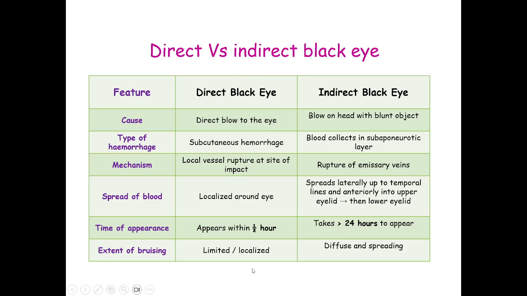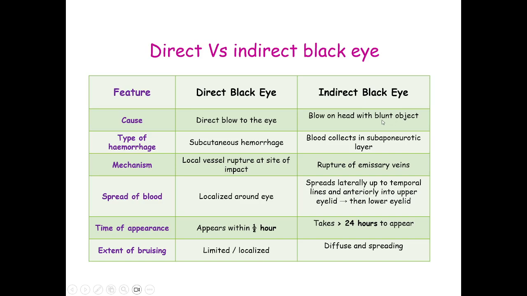For us, what is important here is that the direct black eye is due to a direct blow to the eye. The indirect black eye develops because there is some blow on the head with a blunt object. So the indirect black eye will be medico-legally very significant.